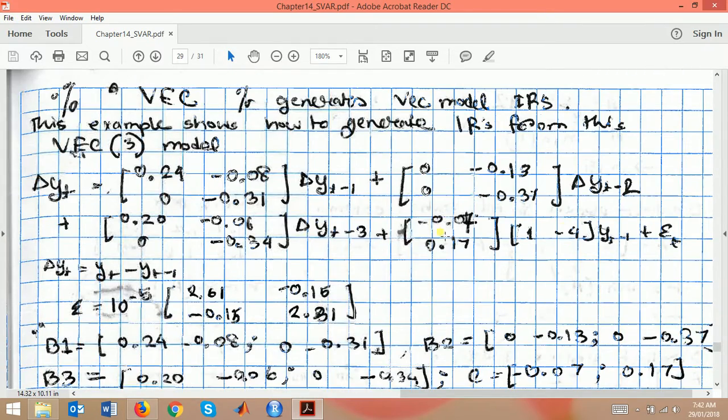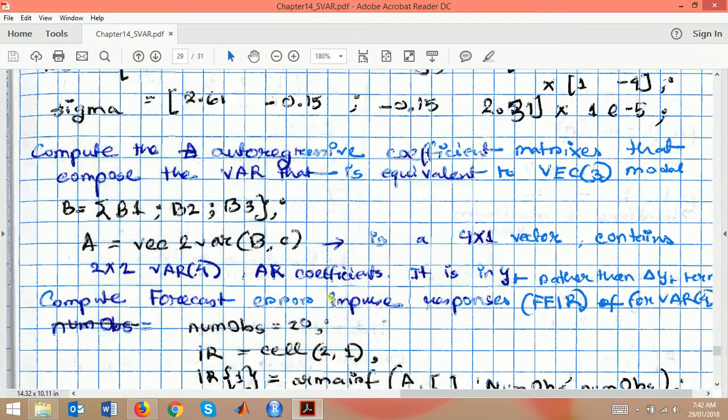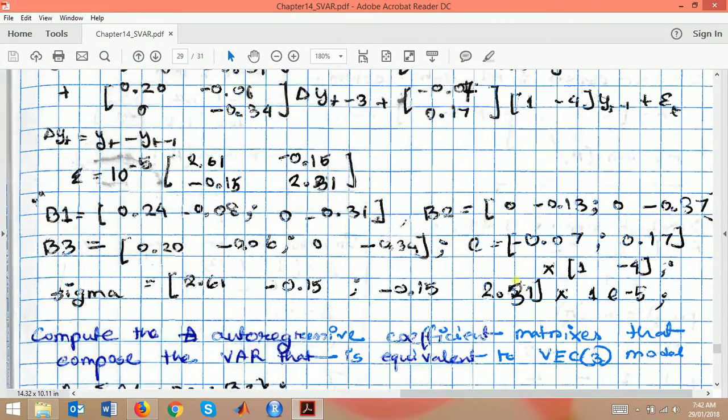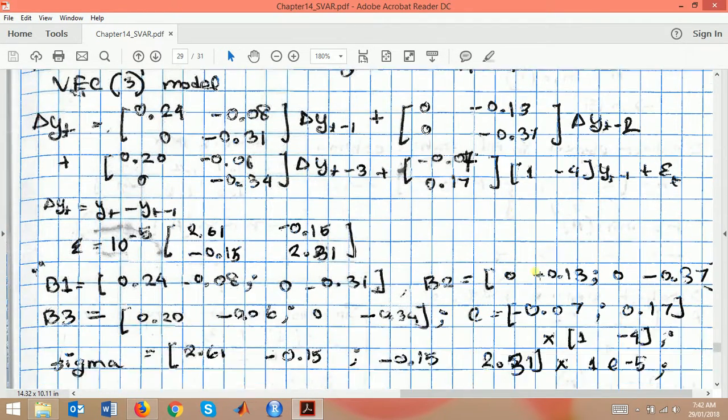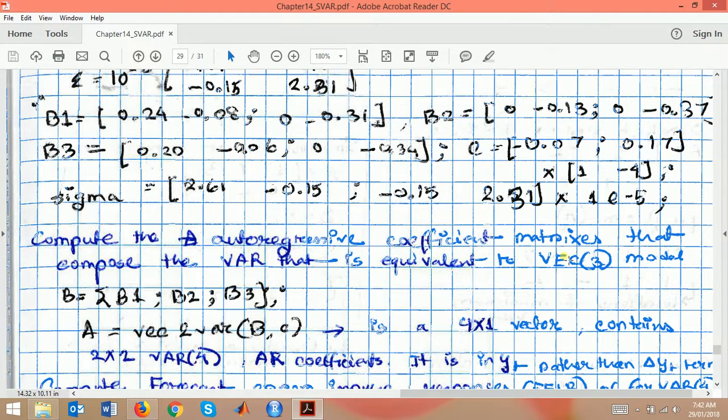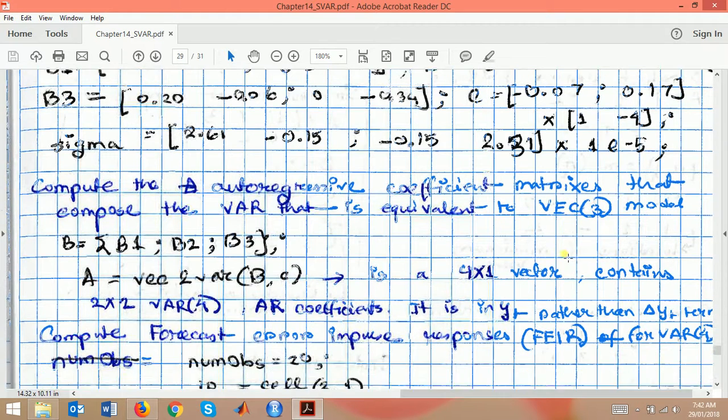We want to convert this to VAR, so vec2var gives a 4 by 1 vector containing the 2 by 2 VAR 4.